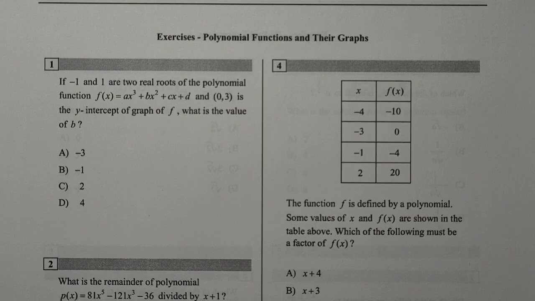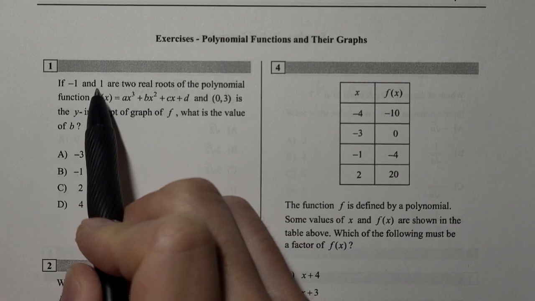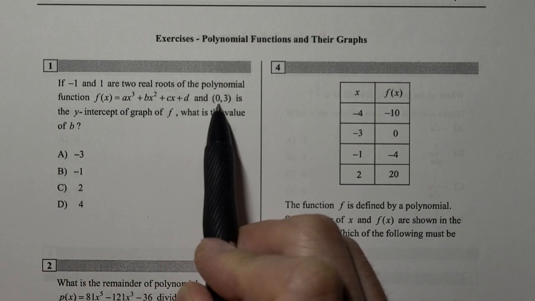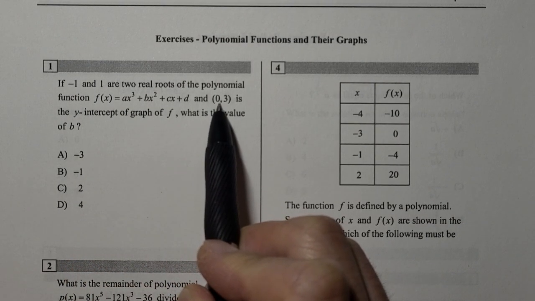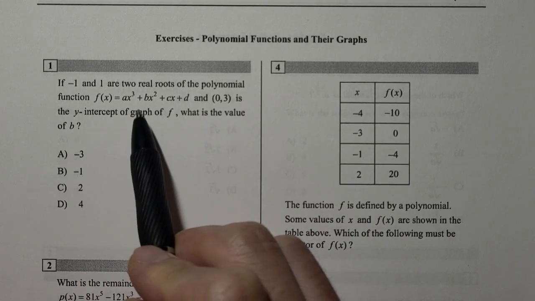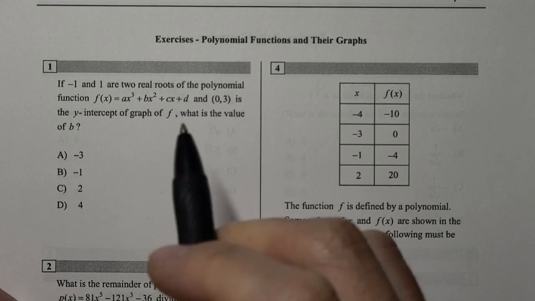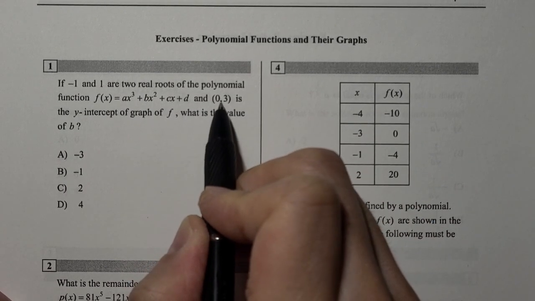Okay, so this one might require a little bit of work. They tell us these are roots, and this is a point on the graph, and specifically the y-intercept. And we're asked to find b. How in the world would we do that? Okay. So maybe let's try plugging this in.